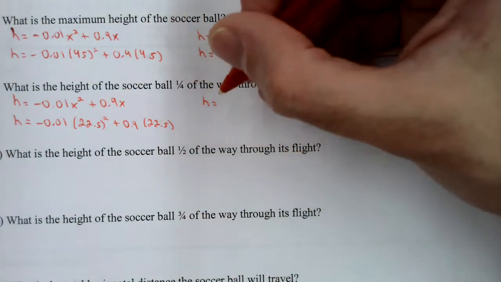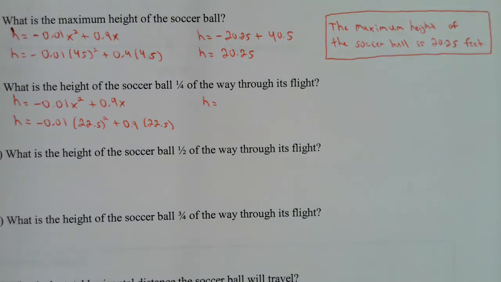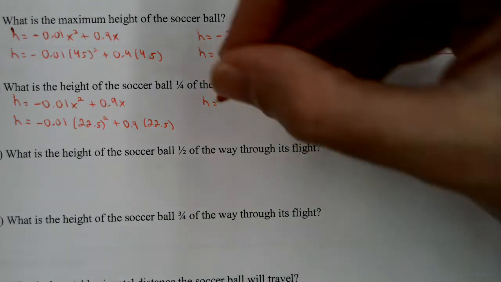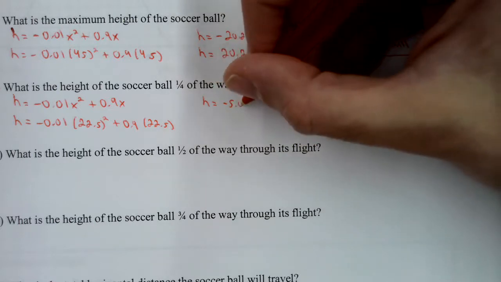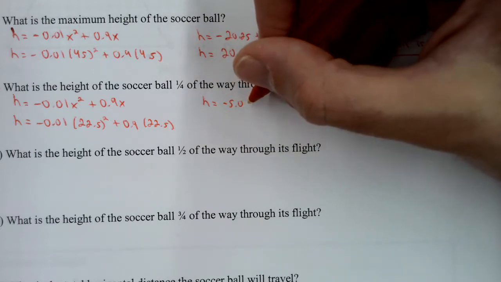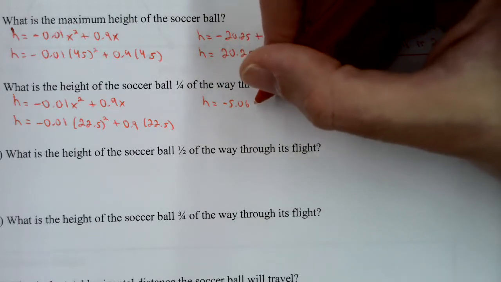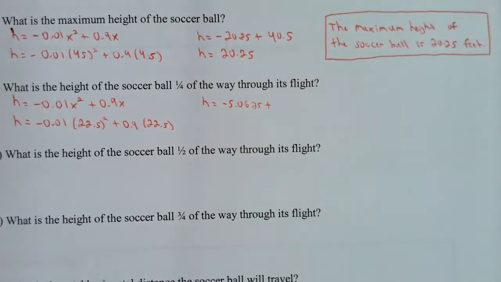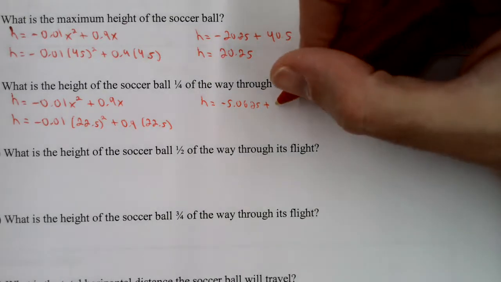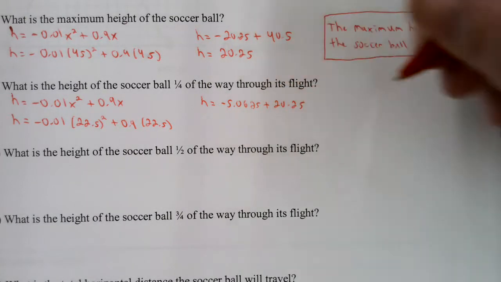Follow the order of operations, so 22.5 squared, and then do that number times negative 0.01. Don't round until the end. And then you have 0.9 times 22.5, so plus 20.25.